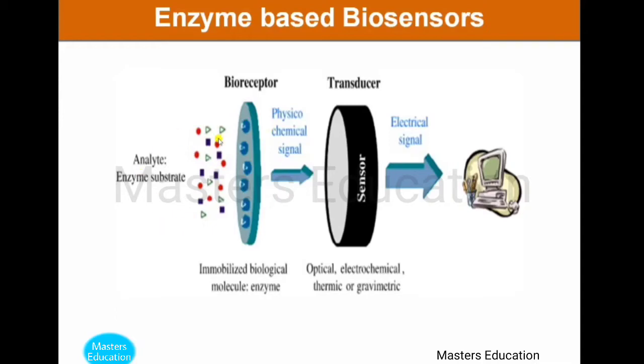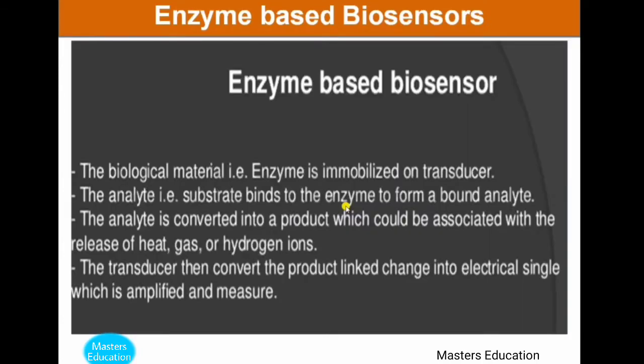These substrates or inhibitors are termed analytes and cause some changes which can be easily detected by the transducer. Thus, we can say enzyme-based biosensors can be defined as follows: the biological material used in these biosensors is the enzyme, which is immobilized on the transducer.